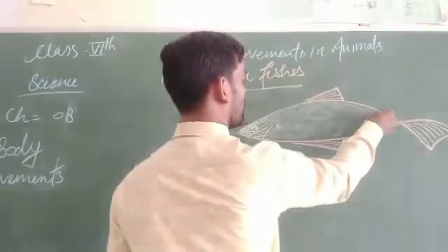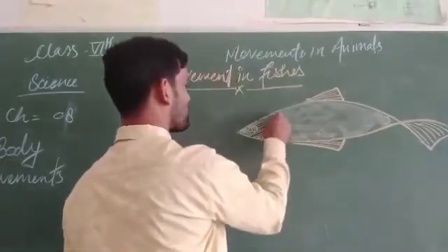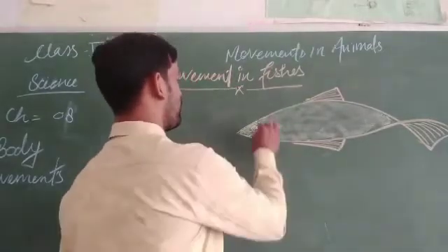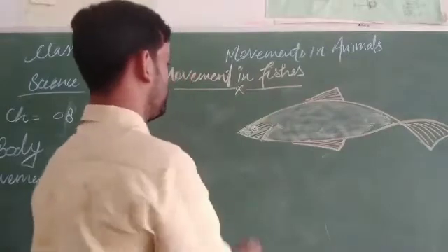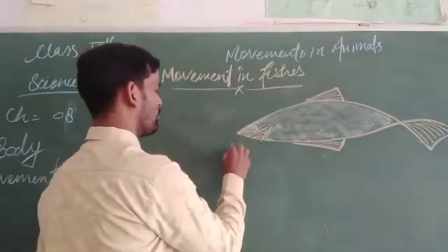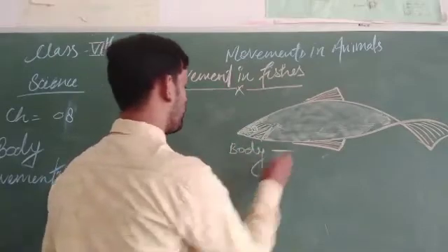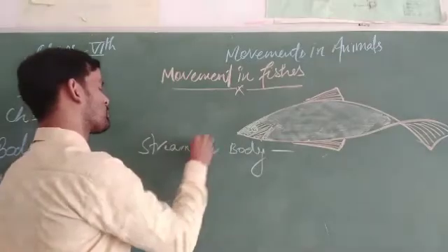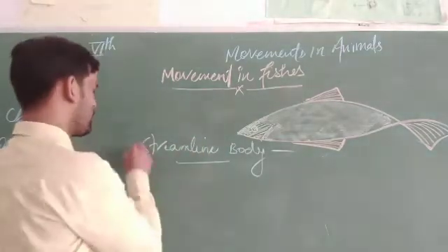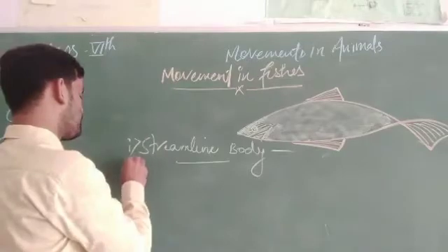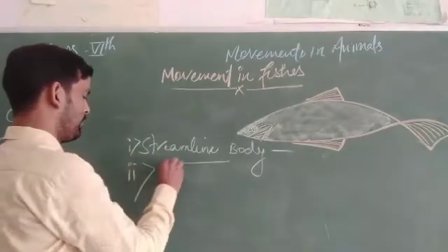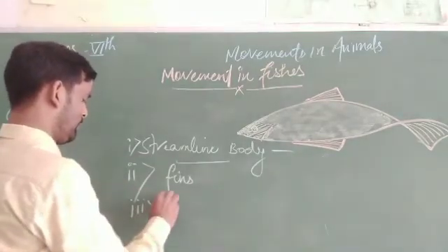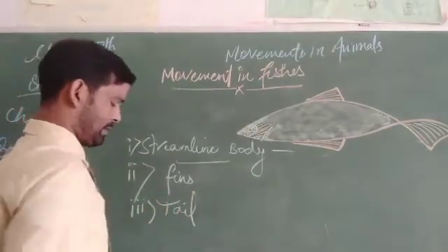Here you see the structure of the fish. The first important part of the fish is its body. Which type of body do they have? This one is a streamlined body. That is the first important feature they have. The second feature they have is fins. The third one, they have tails.